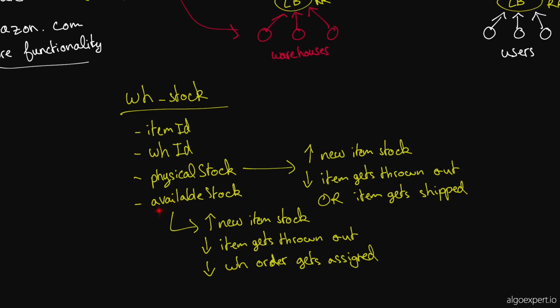That way, when the warehouse order gets assigned to a warehouse, we are effectively telling the warehouse, hey, you should reduce your available stock because you're about to have to fulfill this item and this shipment, right? So that quantity of the item is effectively no longer available, or should decrease the available stock that you have.